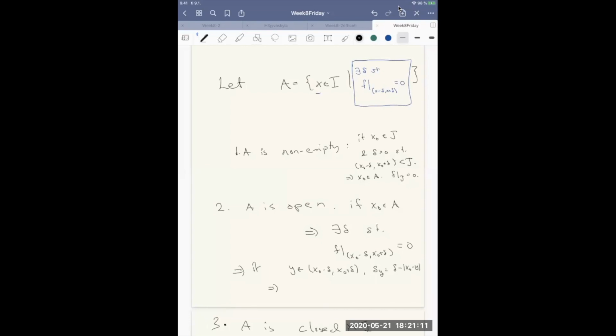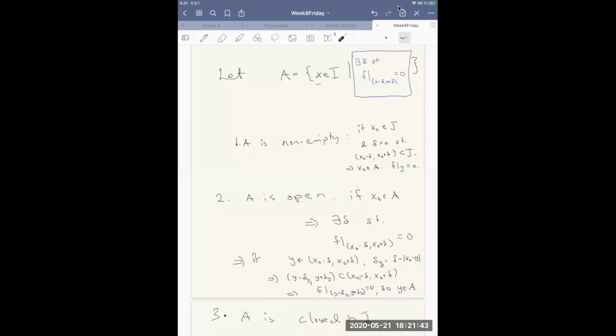And then (y minus delta y, y plus delta y) is contained in (x naught minus delta, x naught plus delta), and therefore f restricted to (y minus delta y, y plus delta y) is equal to 0. So y is in A, because A consists of exactly those points for which there exists a neighborhood where the function is equal to 0, and we identified such a neighborhood. So the set is non-empty and open.